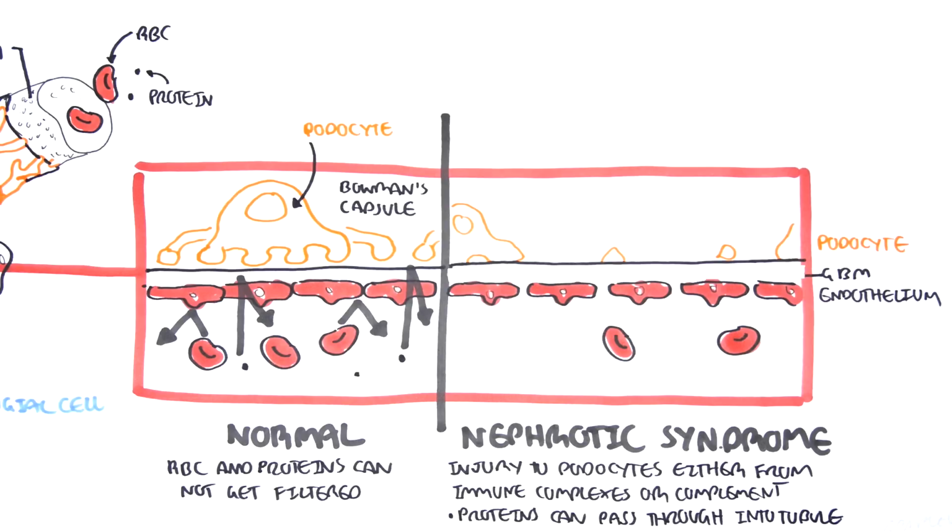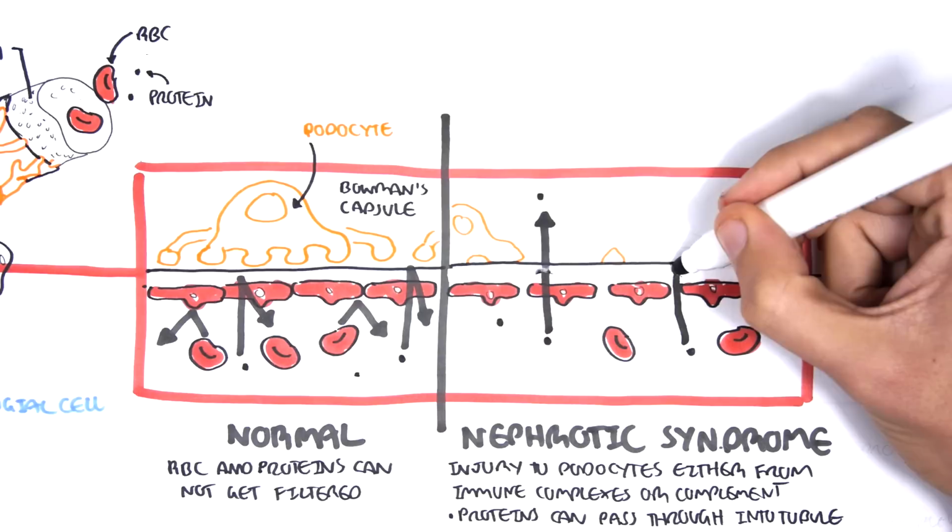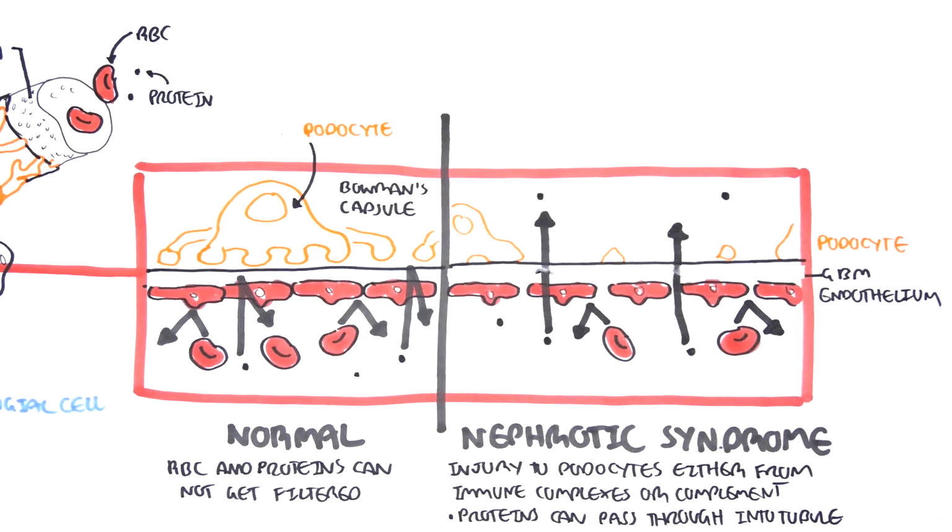The proteins that are not usually able to pass through these layers can now pass through towards the Bowman's capsule and into the tubule, leading to proteinuria. Sometimes blood can even get through if the damaged area also includes the glomerular basement membrane and the capillaries. So that was an overview of what happens in nephrotic syndrome.